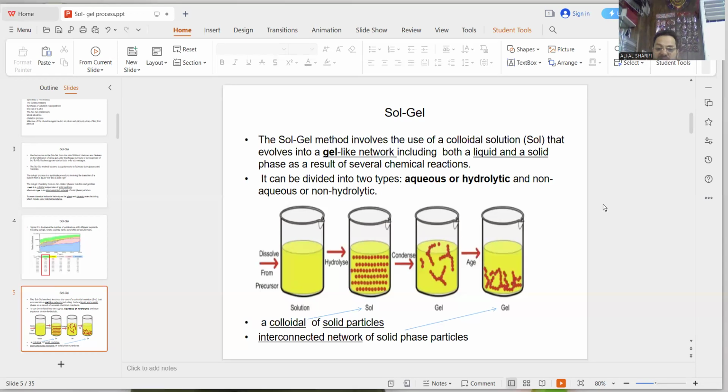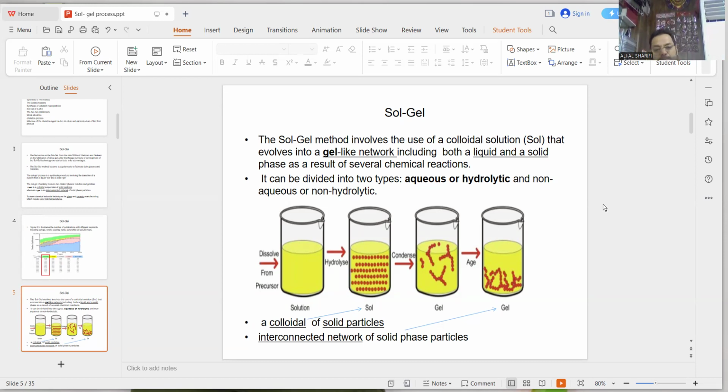It can be divided into two types: aqueous, or we can say hydrolytic. Actually, in my study, I used this one, aqueous or hydrolytic. That means I used water as an important solvent. The other type is non-aqueous or non-hydrolytic.